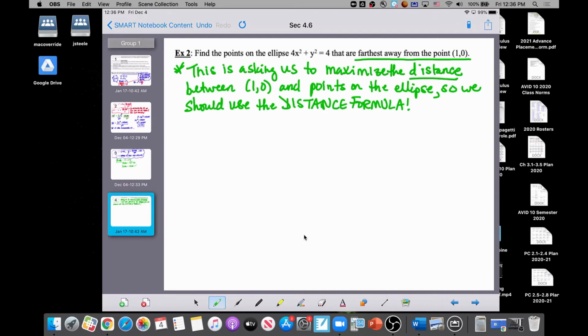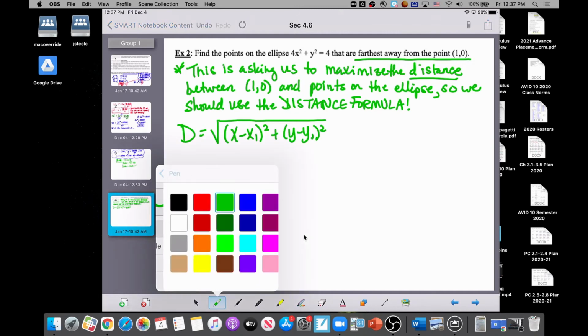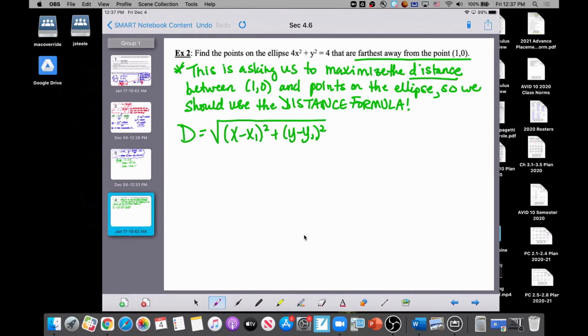And here's our distance formula. D is equal to the square root of x minus x1 squared plus y minus y1 squared, all under that square root. But we know one of our points, x1, y1, which is 1, 0. So let's fill that in, because that's going to change our equation a little bit.